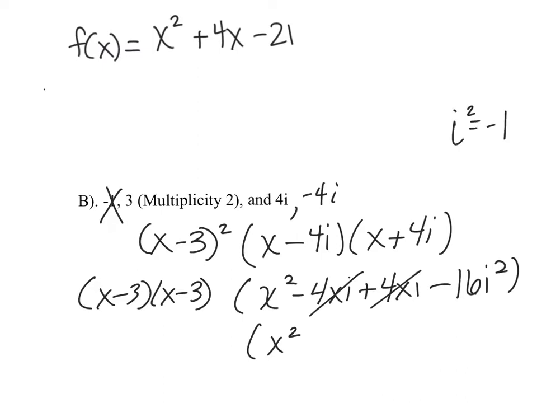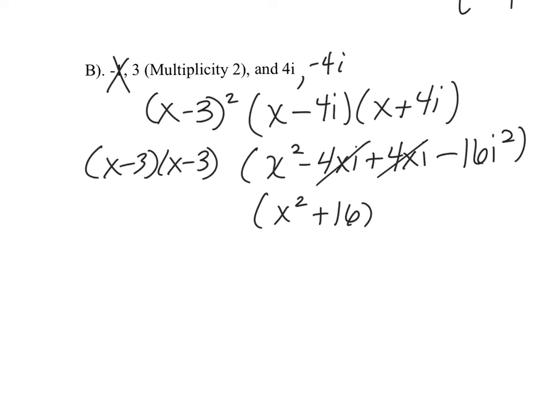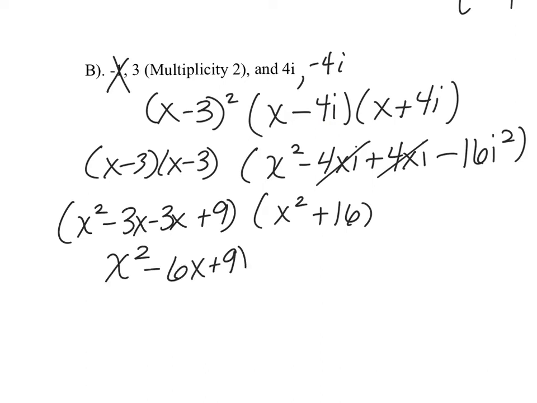So that's going to be minus -16, which turns to plus 16. Then we're going to distribute the x minus 3 out. So x times x is x squared, minus 3x minus 3x plus 9, which is x squared minus 6x plus 9.